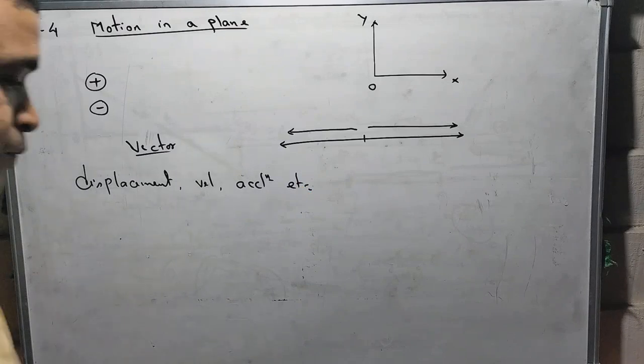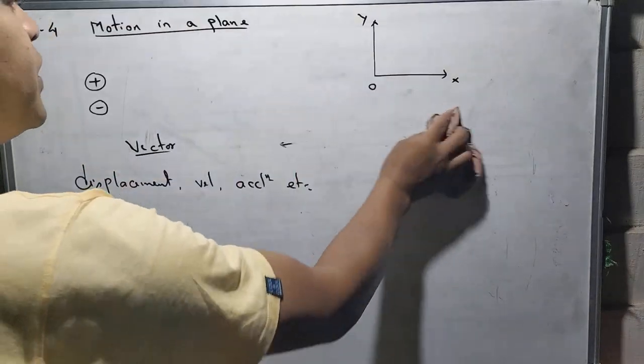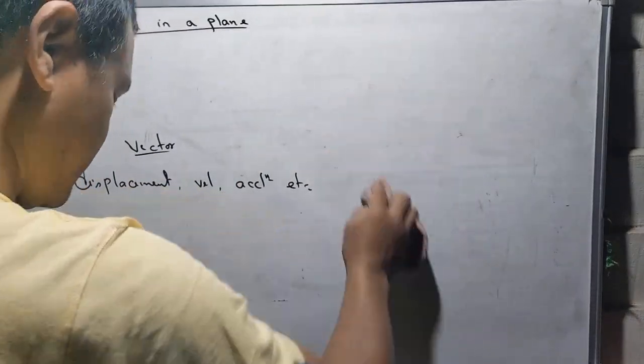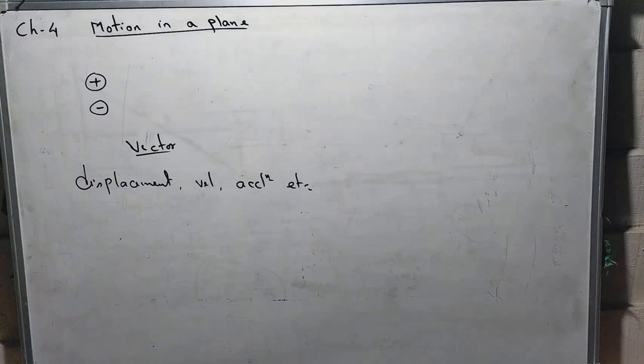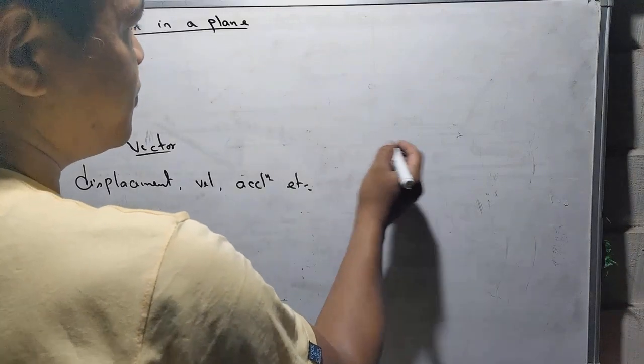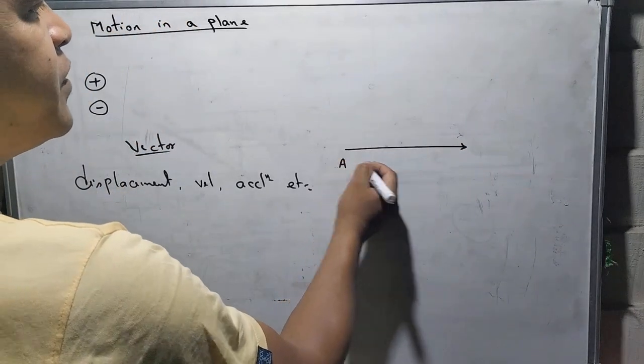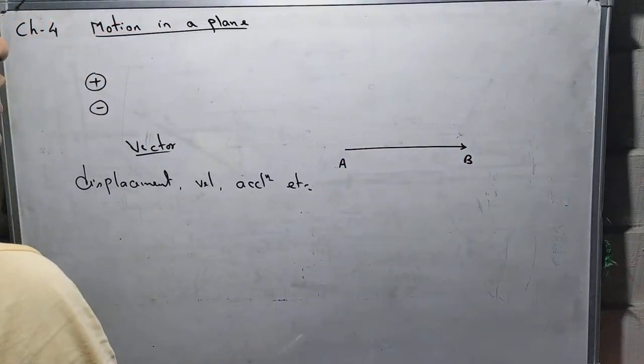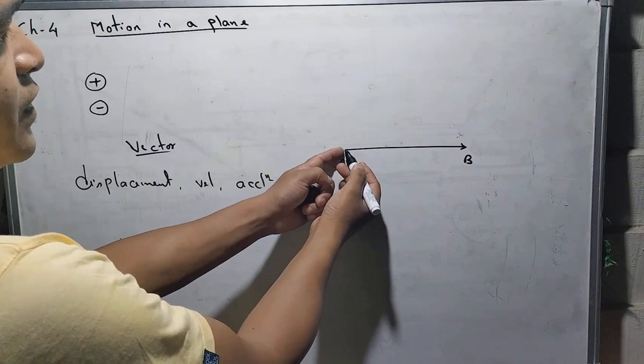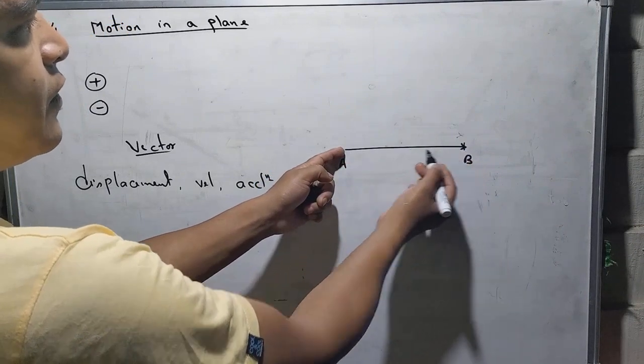Now, how do we represent a vector quantity? A vector quantity is represented by a straight line with an arrowhead over it. Suppose this is a line, let's say this is AB. As you can see, this is the length of the line.